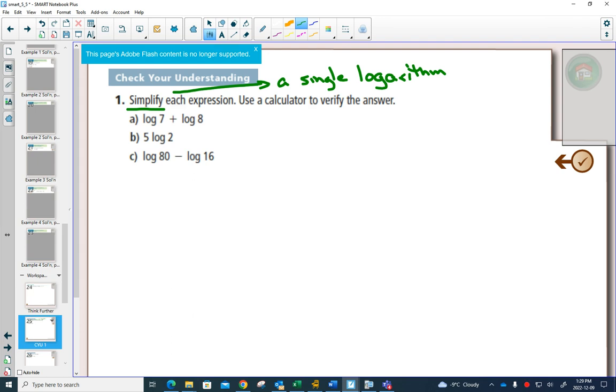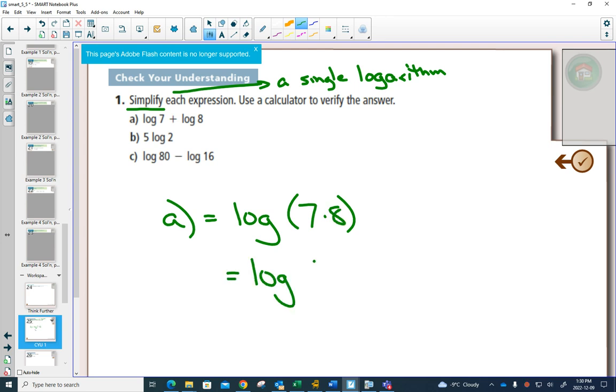So in A, you're adding. Do we have the same base? Yes, the base is 10 in each of them. So log 7 plus log 8 would be the same as log of 7 times 8, which is just equal to log of 56. So this would be simplified, more simple than the first equation.